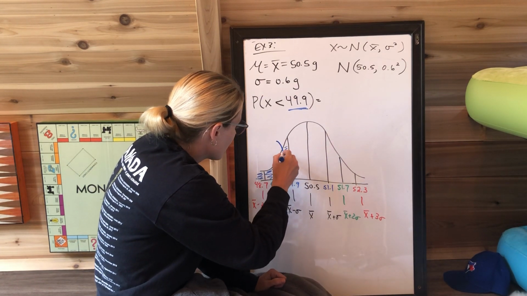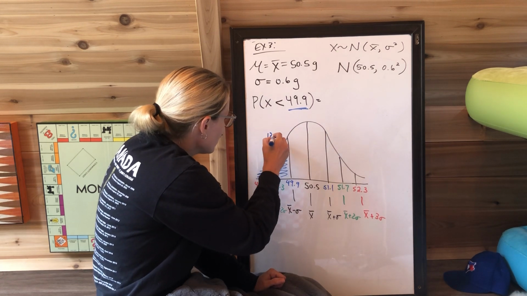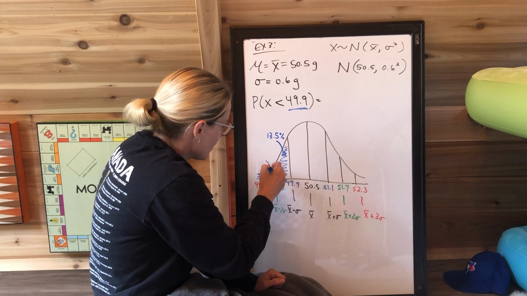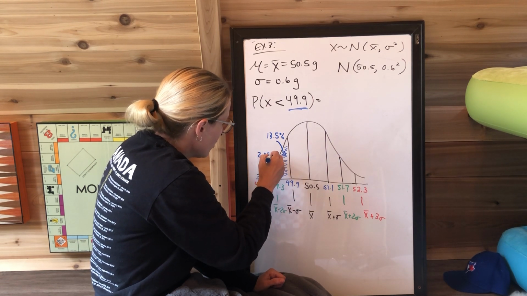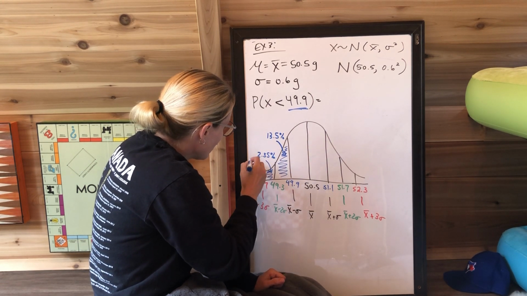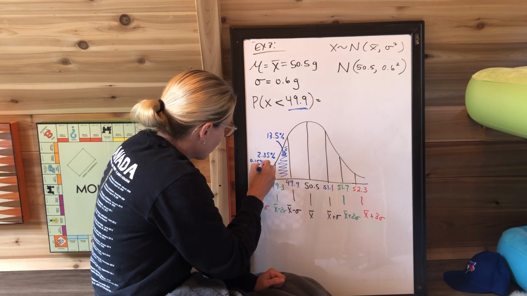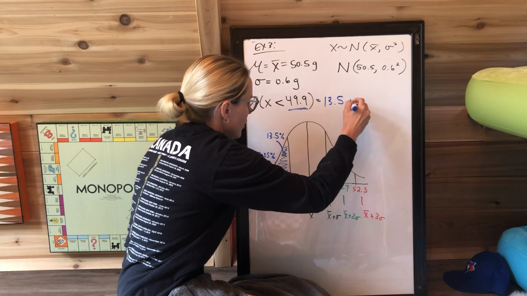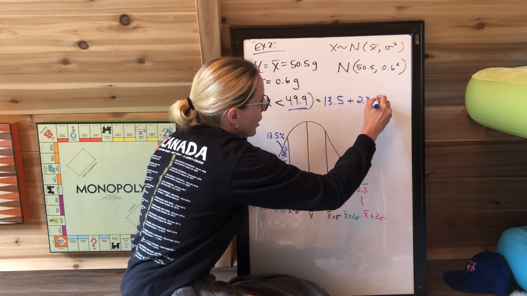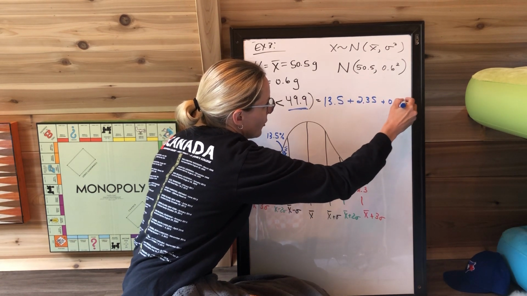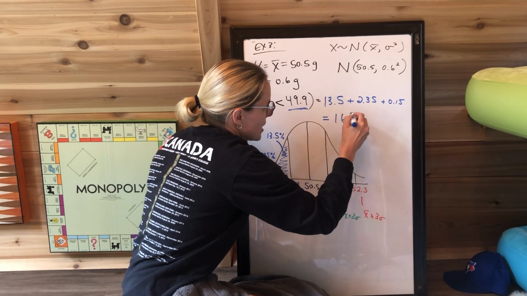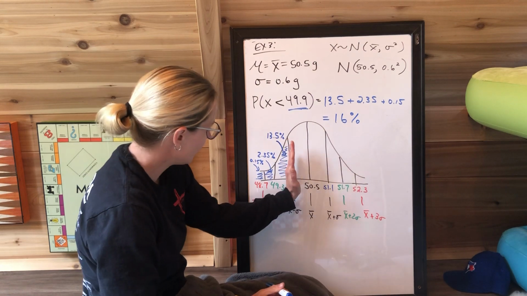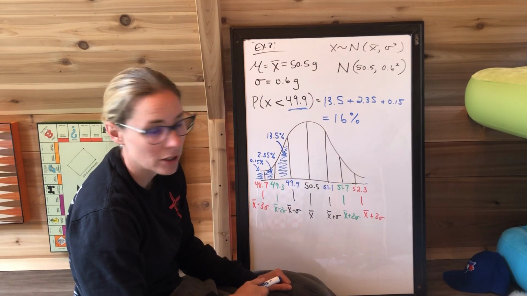This one is 13.5%, this section is 2.35%, and this little baby section is 0.15%. I need to add those numbers, 13.5 plus 2.35 plus 0.15, and I get 16% of all cases of cosmetic powder have less than 49.9 grams.